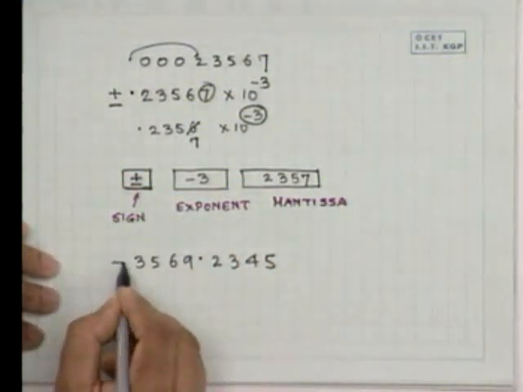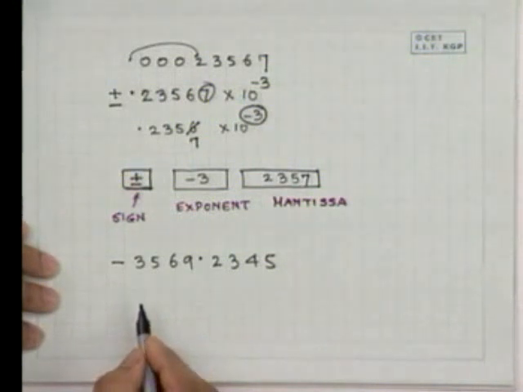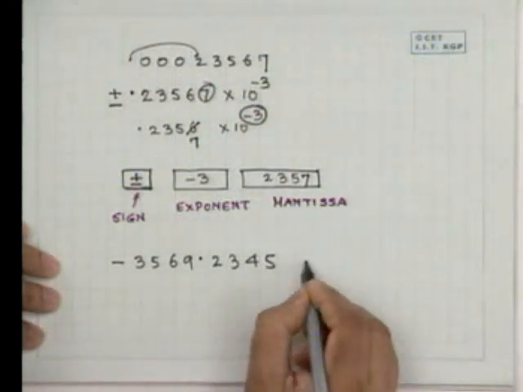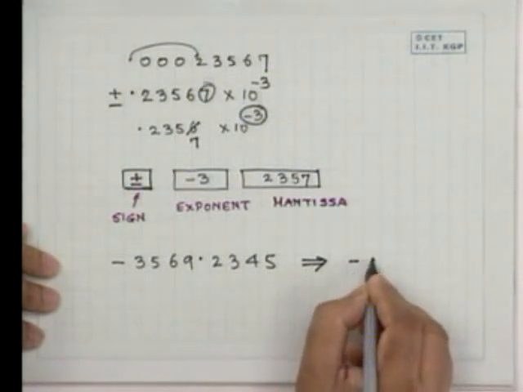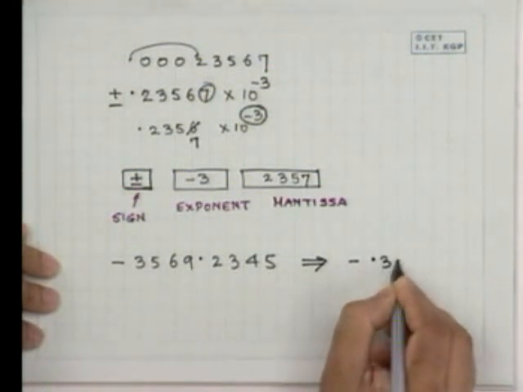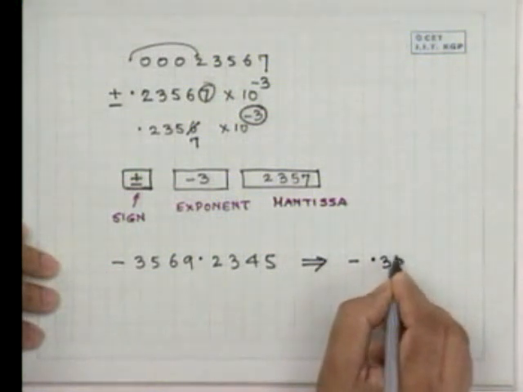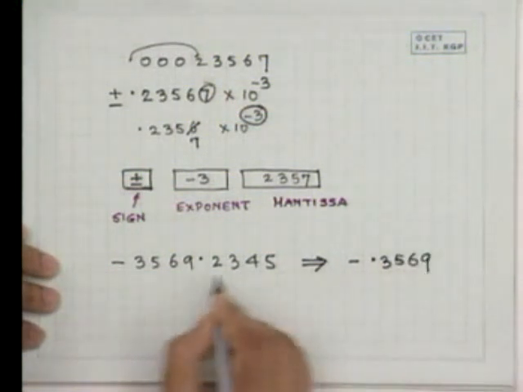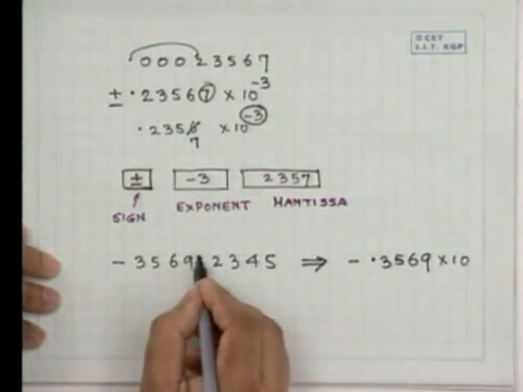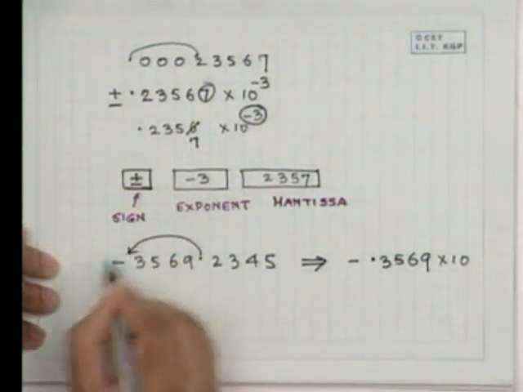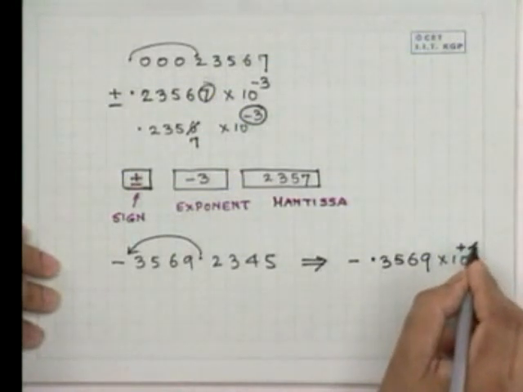Say the number is a negative number, then we will have to represent this as minus, in normalized form, 0.3569 times 10 to the power, the shift over to here, therefore plus 4.